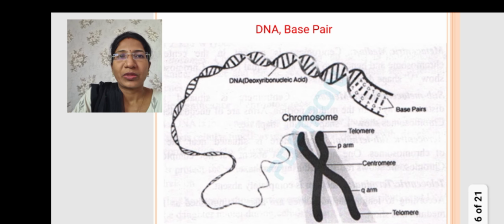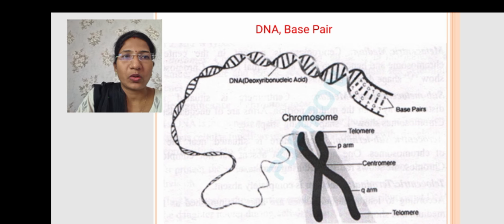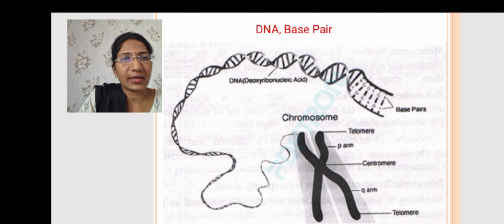Do you remember? Then this diagrammatic representation shows the base pairs in the DNA. See, this is the chromosome. Chromosomes also have different parts. The middle one is the centromere. Then these are the two arms, P arm and Q arm, and lastly the telomere.